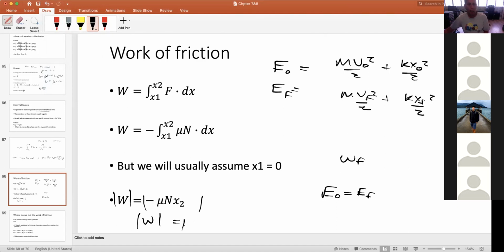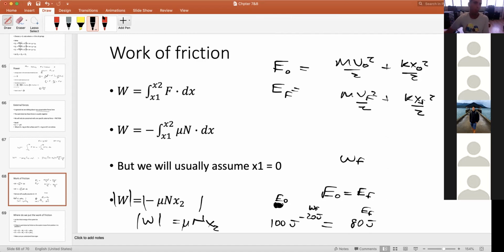Because I want to make sure that the sign's right, and then we'll talk about that in a minute. So you can imagine that if initially you had 100 joules of energy and you lost 20 joules of energy to friction, you would have 80 joules left, right? So minus 20 joules. So the work of friction is negative. This is my initial energy, and this is my final energy.